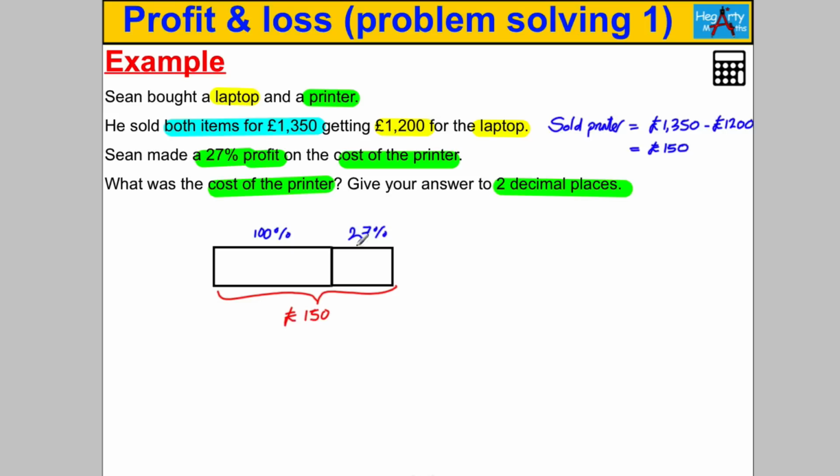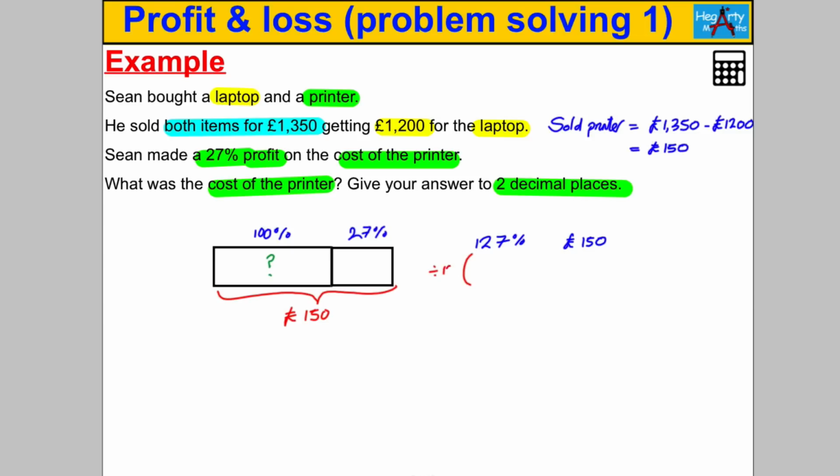Right, so this is going to help us work out the cost of the printer. We're going to have to work out what 100% was. So here we know that 127% is equivalent to £150. So we're going to try and work out what 100% is.